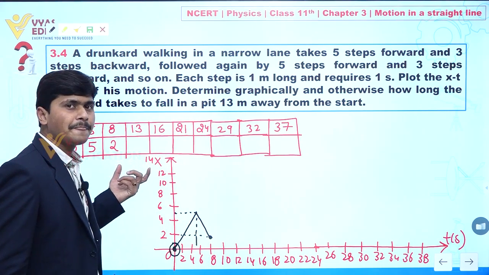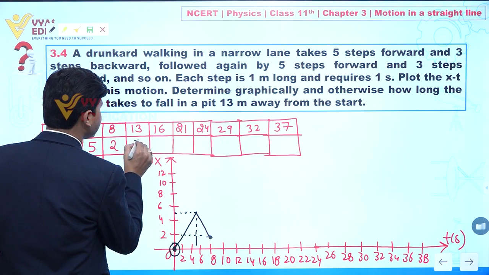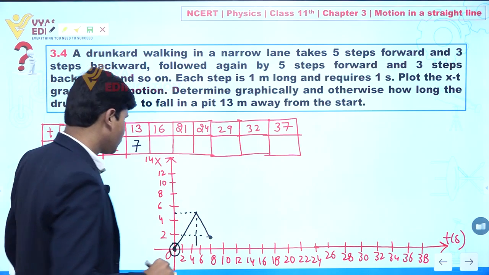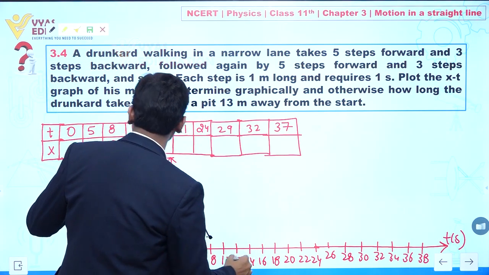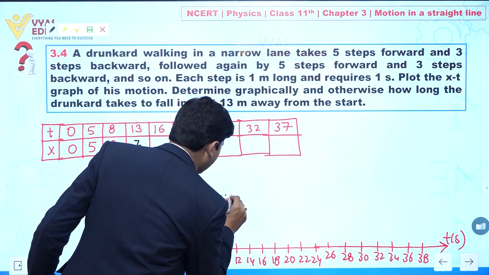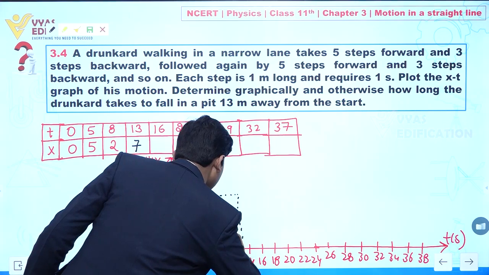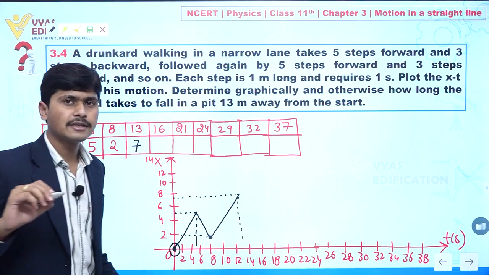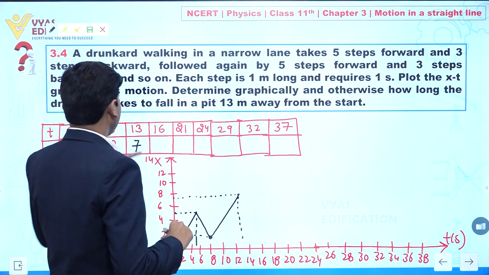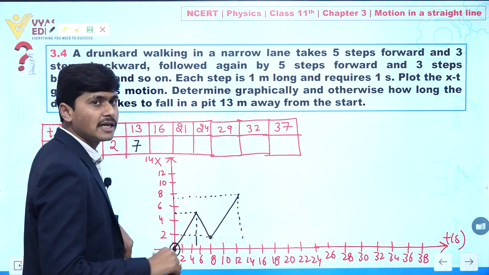Now in the next 5 seconds we will find here this is 7. So it means we have 13 and we have 7. So this is 7 and we have 13 at this point. So we will find a graph like this. Now in the next 3 seconds he again moves 3 steps in the backward direction.